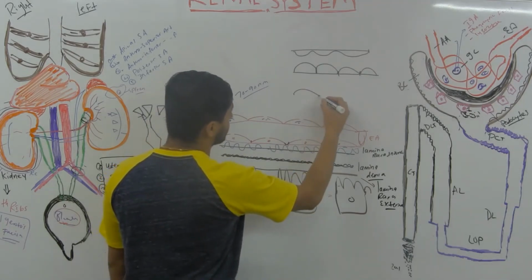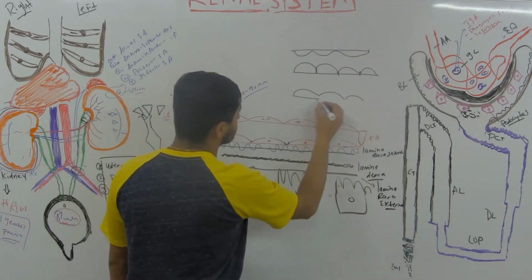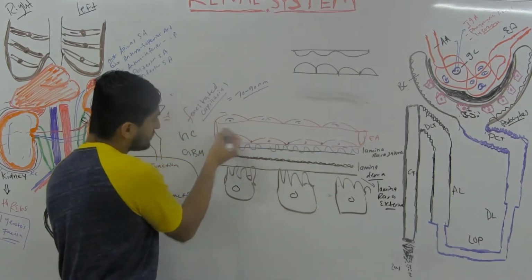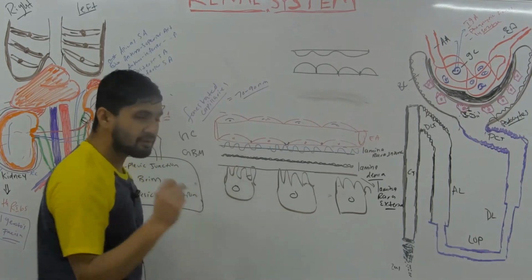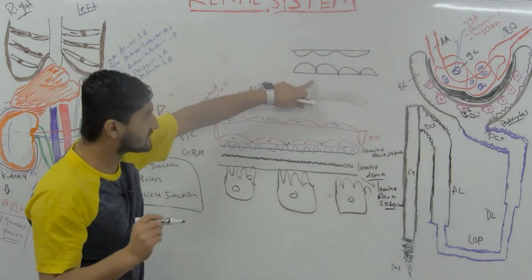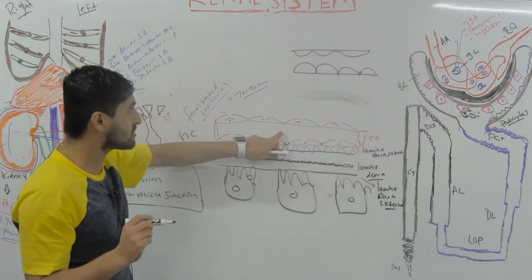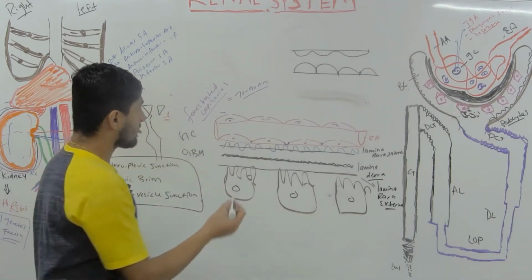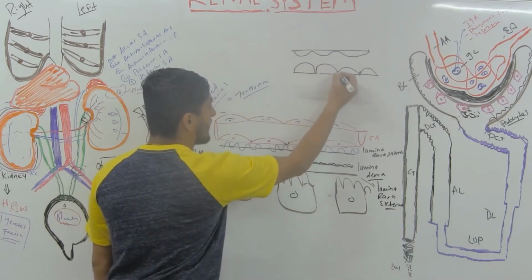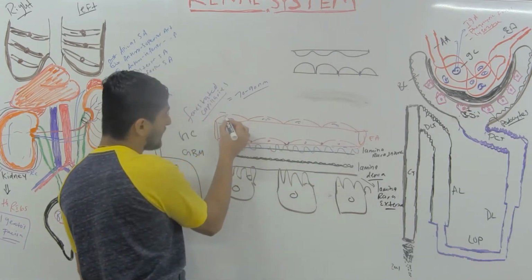But if I look at the electron microscope, how do I know whether it's a continuous capillary or a fenestrated capillary? Around there, at the intercellular cleft, you might see a little bit of a gap too, and that's why you may get confused.